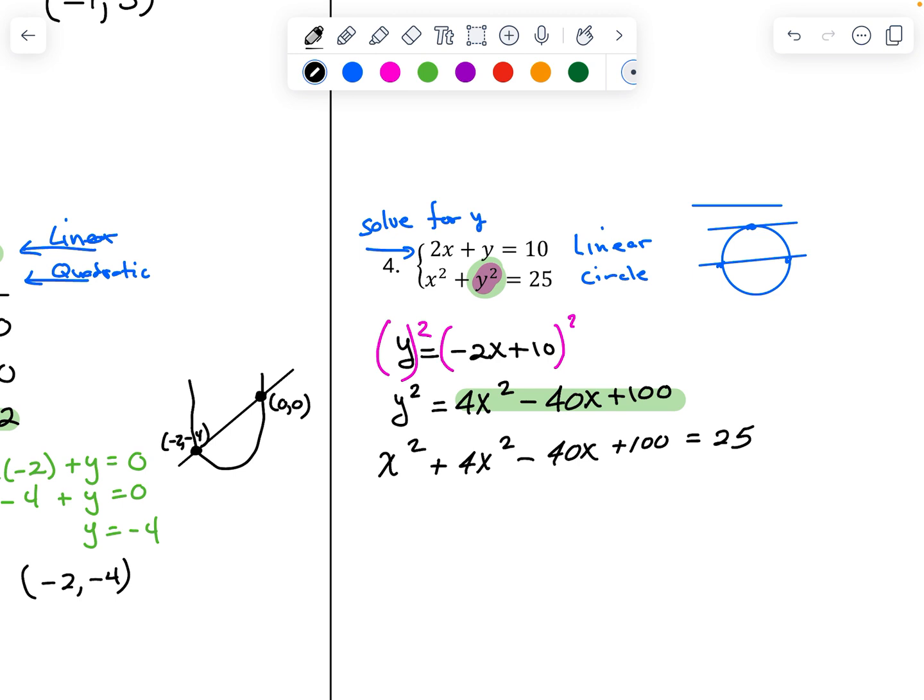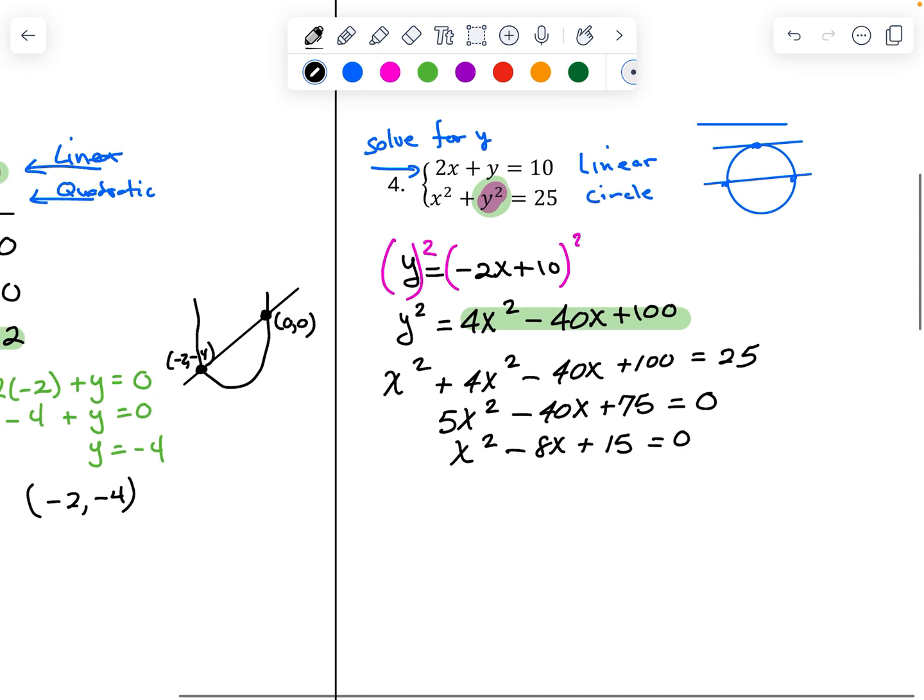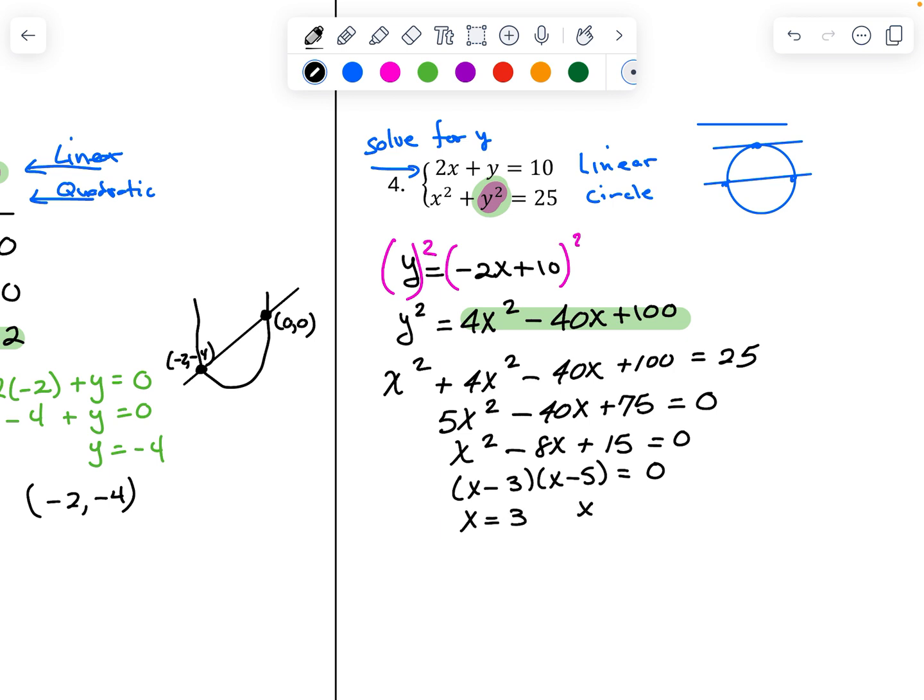If I combine like terms, that gets me 5x squared minus 40x plus 75 is equal to 0. I'm going to divide by 5. So x squared minus 8x plus 15 equals 0. I'm going to factor, which is x minus 3, x minus 5 equals 0. So x is 3 and x is 5.